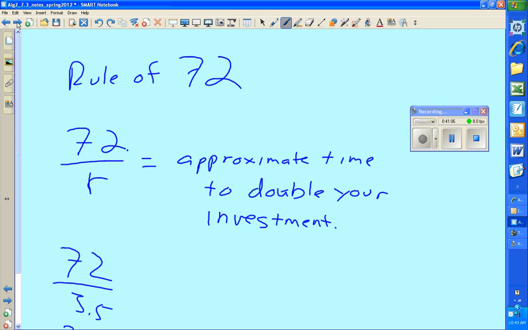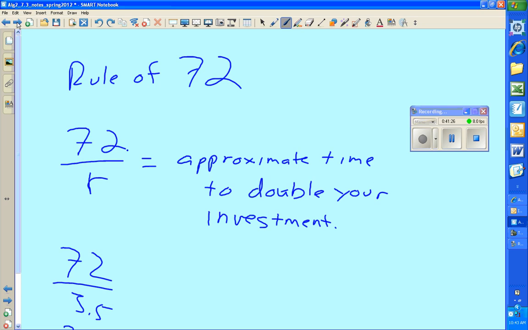So if you were getting 10% interest, 72 divided by 10, don't change the interest to a decimal. 72 divided by 10 is how much? 7.2. It's going to take you a little bit more than 7 years to double your money.